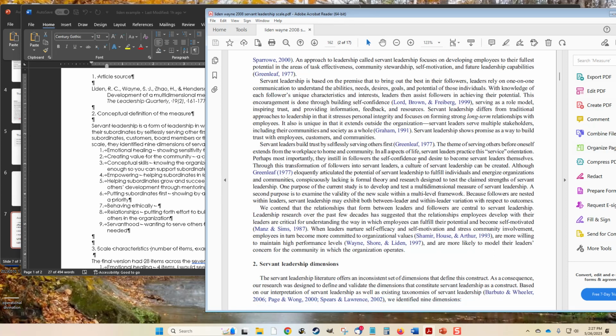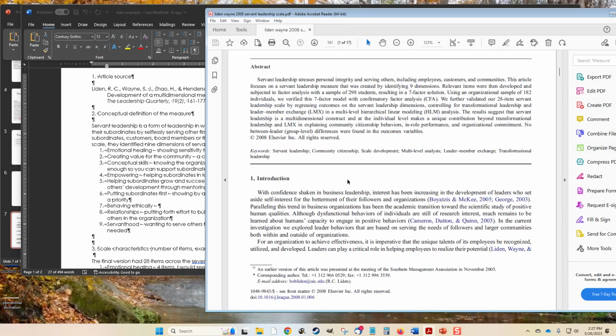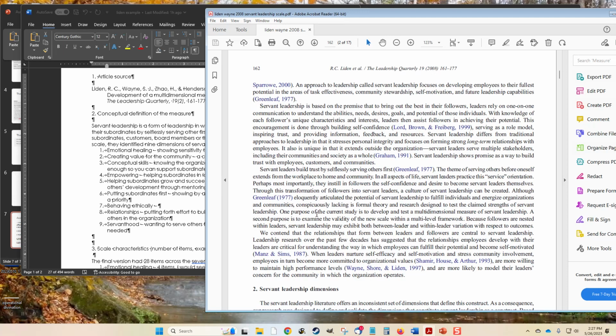And in here you will probably find: servant leadership builds trust by selflessly serving others first. That seems to be the best general definition.